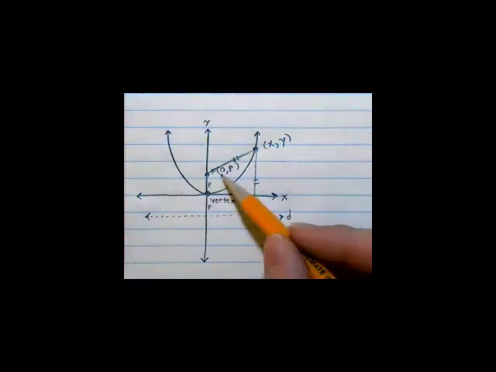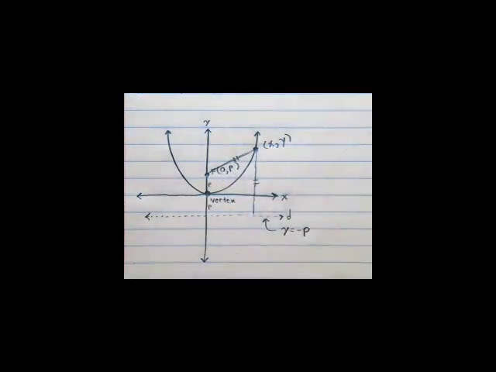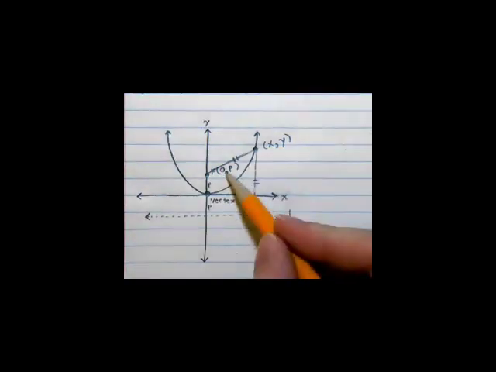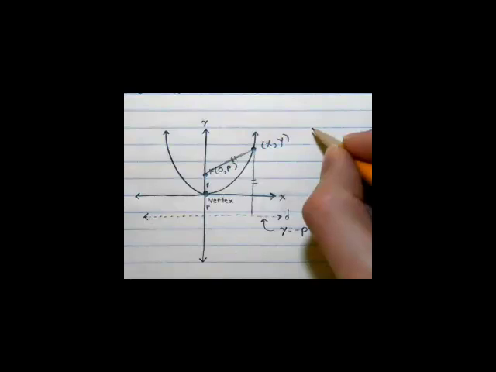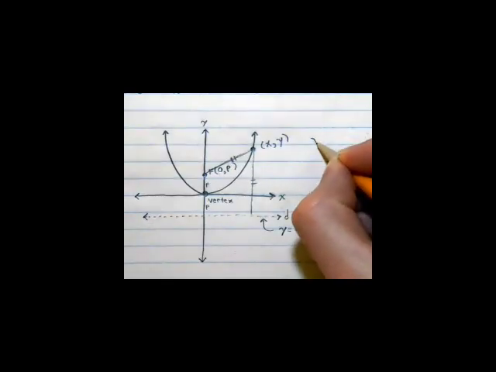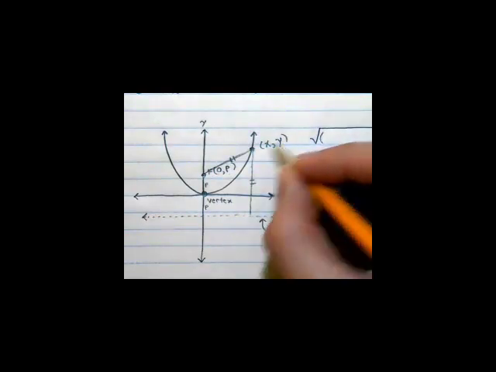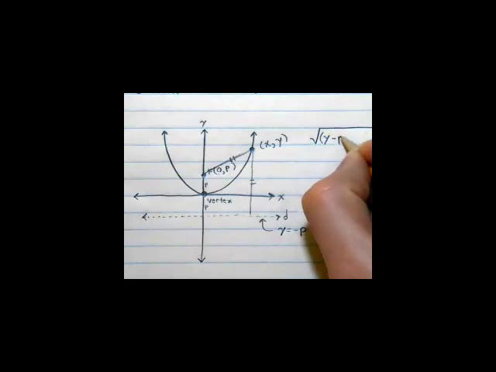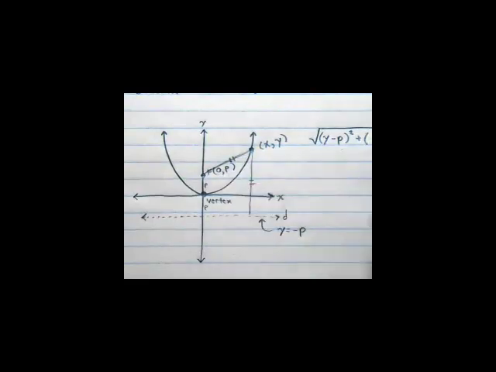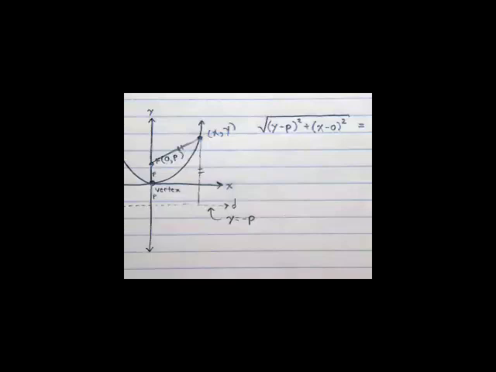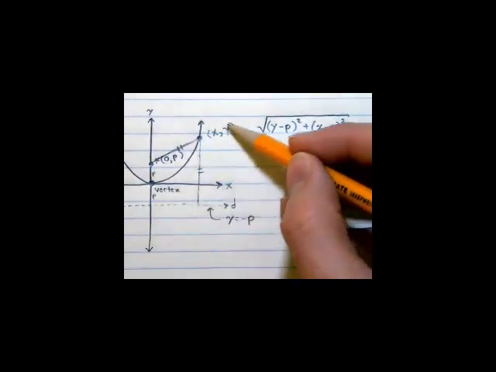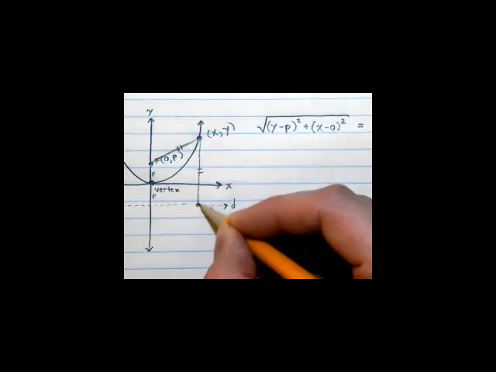They should be equal. Okay? So I've got 0, p and x, y. Okay? So let's find the distance between those two. So that's going to be the square root of y2 minus y1. So y minus p squared plus x minus 0 squared. And that should be equal to this distance between xy and this point right here.